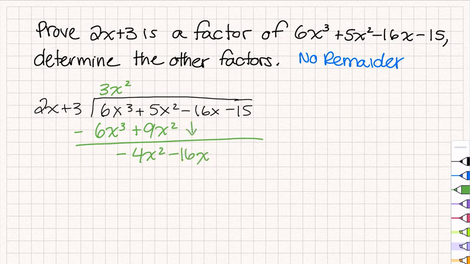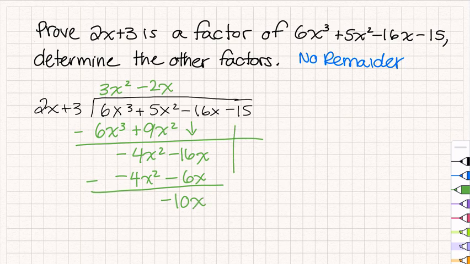And we're going to start this process all over again. So negative 4x squared divided by 2x gives me negative 2x. Then we're going to multiply and we get negative 4x squared minus 6x. Now we're going to subtract. So we get 0 and then we get negative 10x.